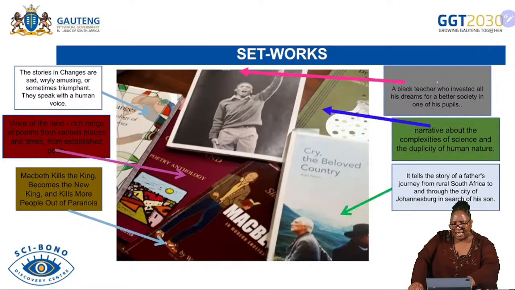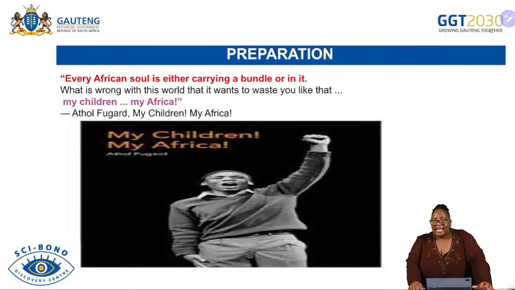Not forgetting part of our drama, Macbeth, who kills the king, becomes the new king, and kills more people out of paranoia. So we have killing and blood all the way through. I know this year you are only studying 2 genres.